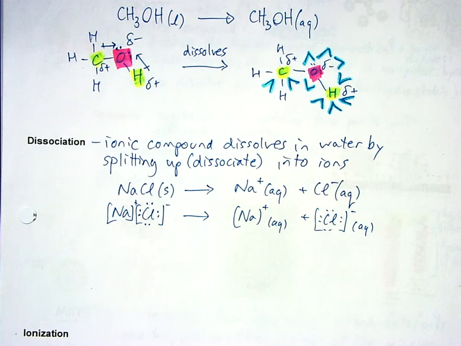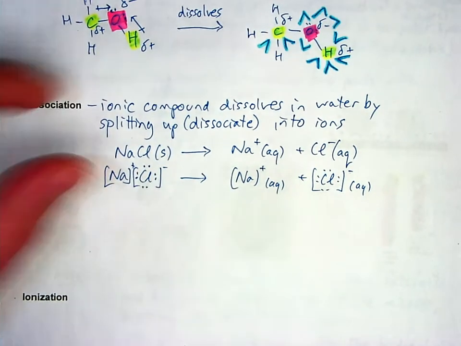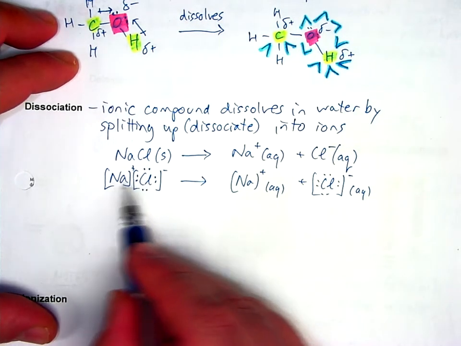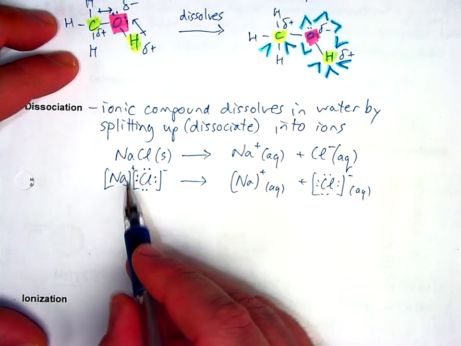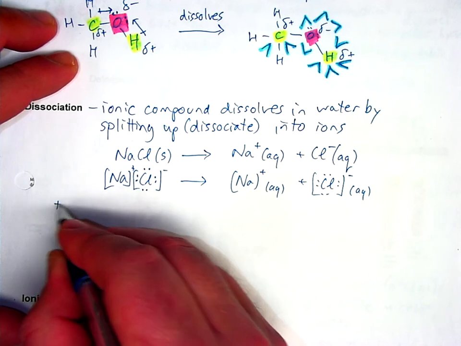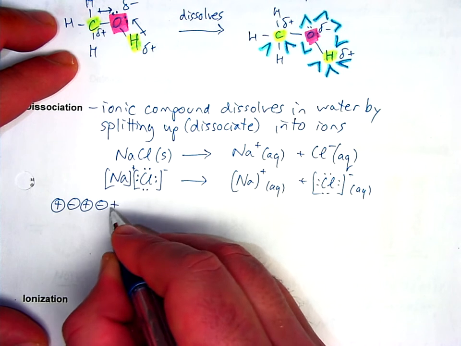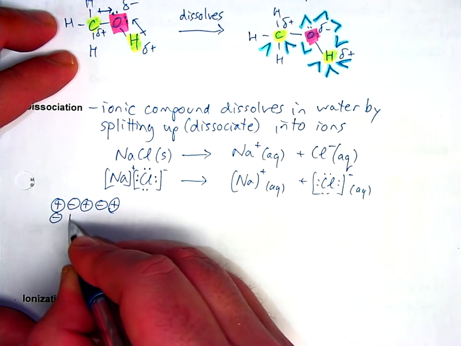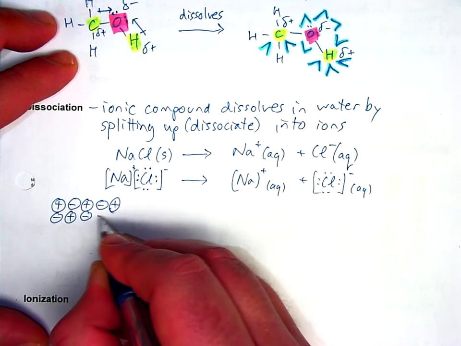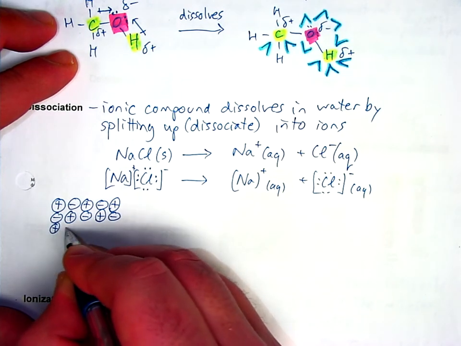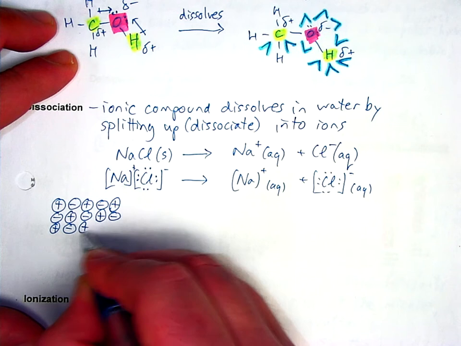Or, if we want to illustrate it in a little bit more picture way, we can remind ourselves that this is actually just the formula unit for sodium chloride, because it really represents an array, a crystal lattice of alternating positive and negative charges, each attracted to the opposite charge.